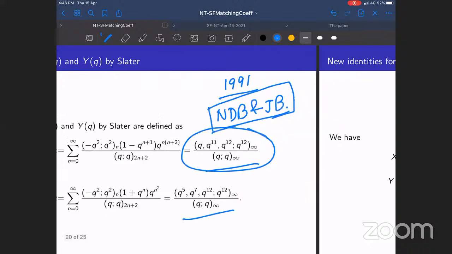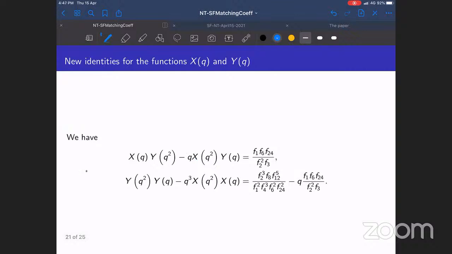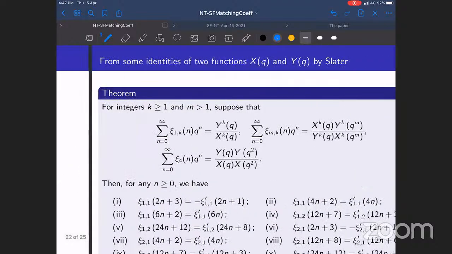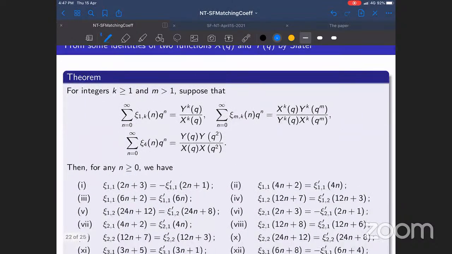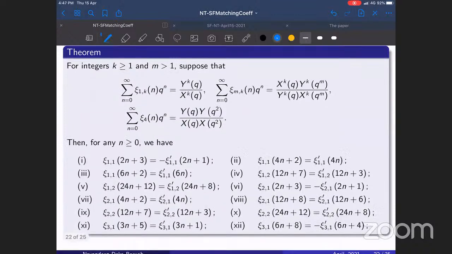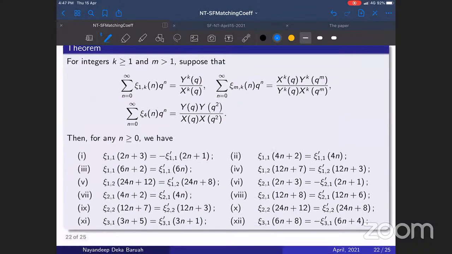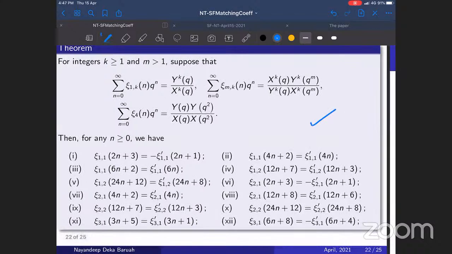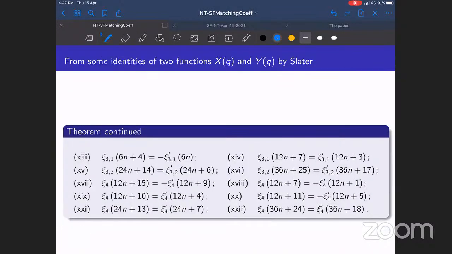Okay, so we have found, and we also found 2 new results. These are 2 new results. So we developed 2 new results to prove our theorem, the theorem that connects XQ and YQ. This is the theorem connecting XQ and YQ. And these are the results.